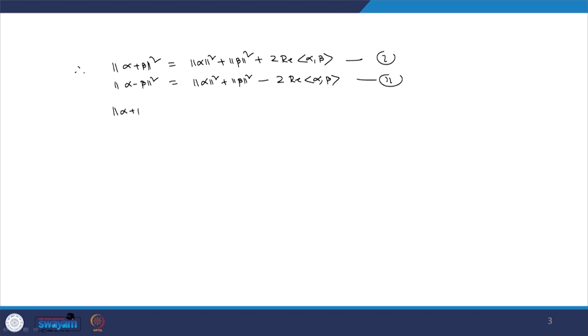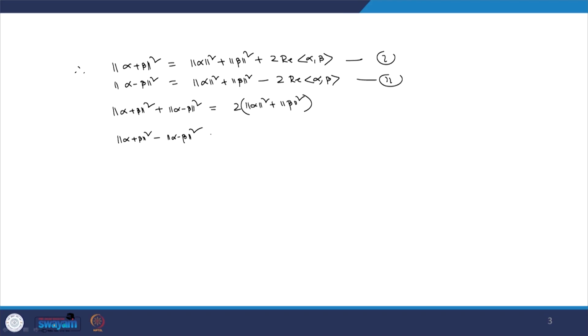norm of alpha plus beta square plus norm of alpha minus beta square equal to 2 times of norm of alpha square plus norm of beta square. Just simply adding, I am getting this, but if I subtract 2 from 1, then we are getting norm of alpha plus beta whole square minus norm of alpha minus beta whole square.